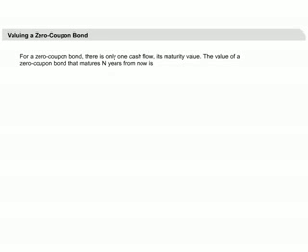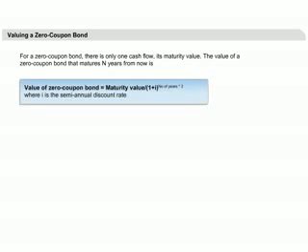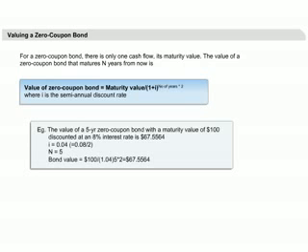Valuing a zero coupon bond. In this slide, we look at how to value a zero coupon bond. The only cash flow involved in a zero coupon bond is its maturity value. The value of a zero coupon bond is found by discounting the maturity value of the bond with the semi-annual discount rate. Let us consider this example where we need to find the value of a 5-year zero coupon bond with a maturity value of $100, discounted at an 8% interest rate.